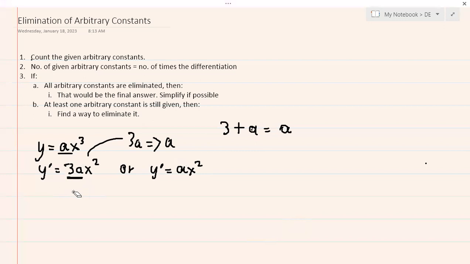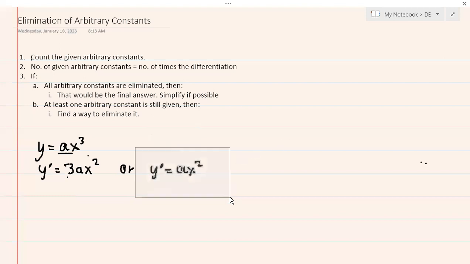Yun na lang yun. Alright? So, going back. So yeah, there are two ways. You can either use this one, 3ax squared, or yung second one is ax squared. So both of them will answer correctly as we proceed to the solution later on. So ipakita ko sa'yo later.